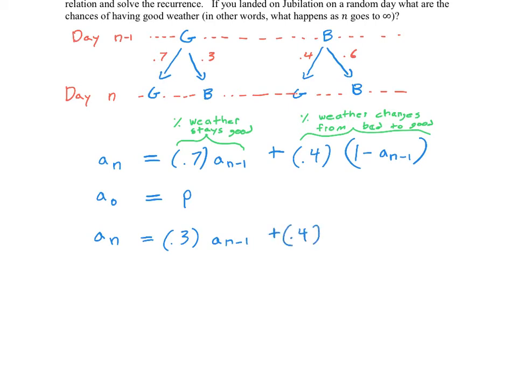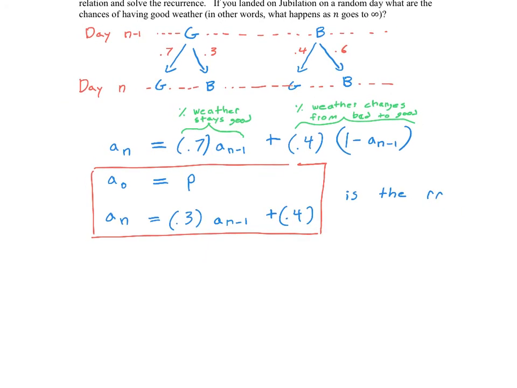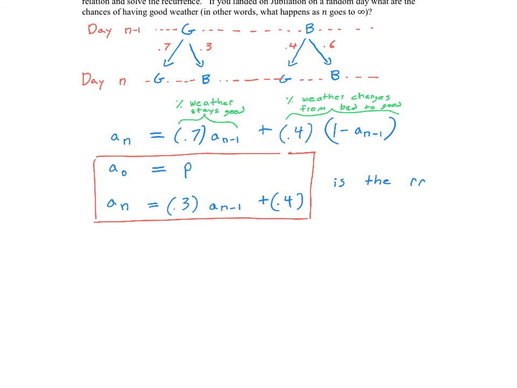It's nice to have our recurrence relation in a kind of a simplest form. So this here is the recurrence relation. Now, one thing that we could do just out of interest's sake, the question does say, well, when n gets really, really big, what is A sub n?